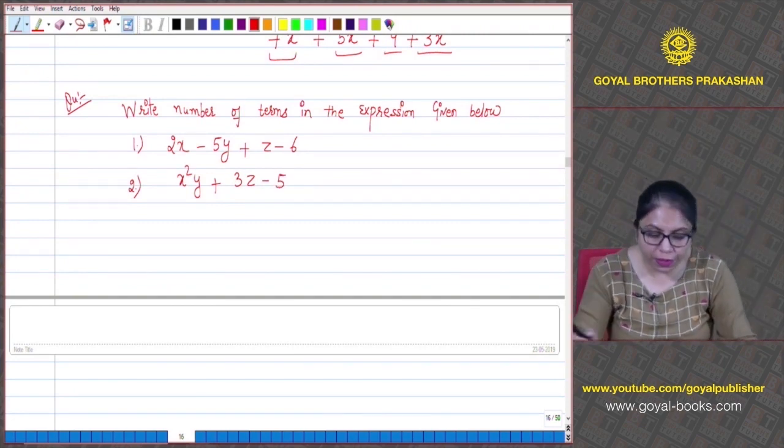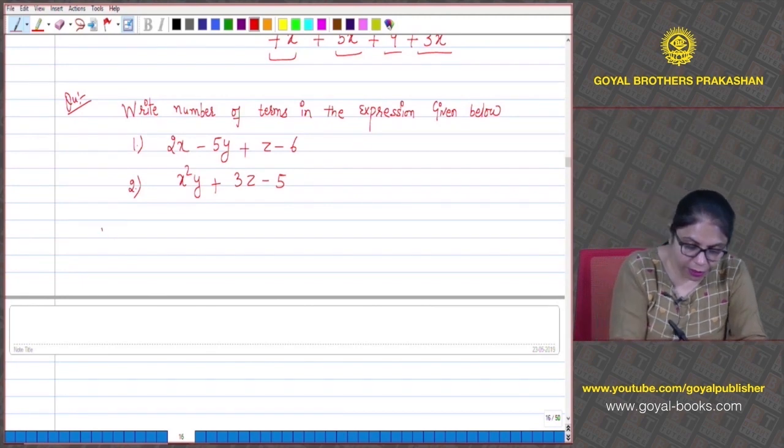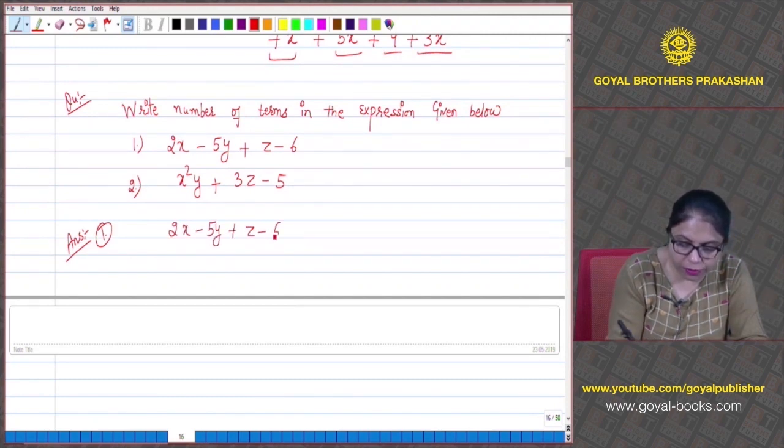So in first case, how many terms are there? This expression is made up of how many terms? This expression is made up of 4 terms.